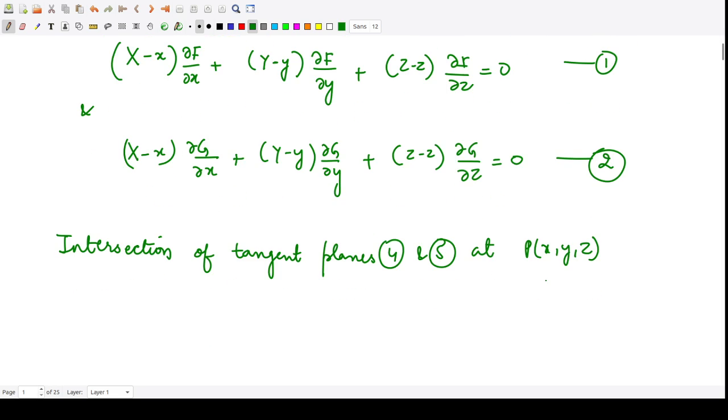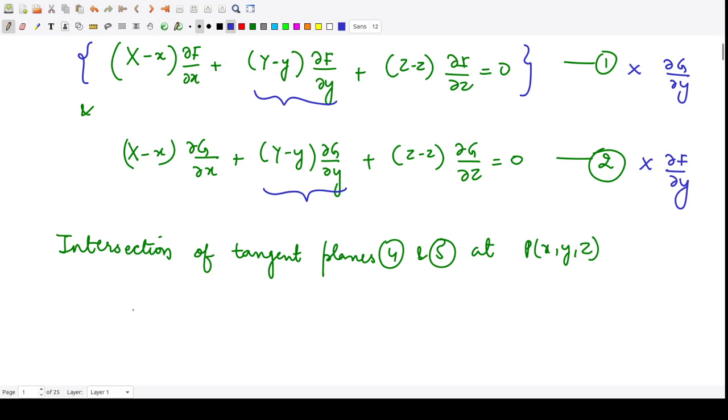And how can you obtain that? Firstly, we will eliminate the factor of y. For eliminating this factor, we'll multiply the first equation by del g by del y and the second equation by del f by del y, and then we'll subtract these two.